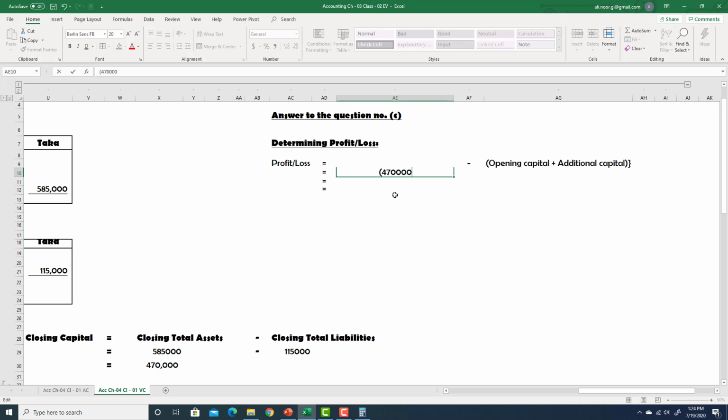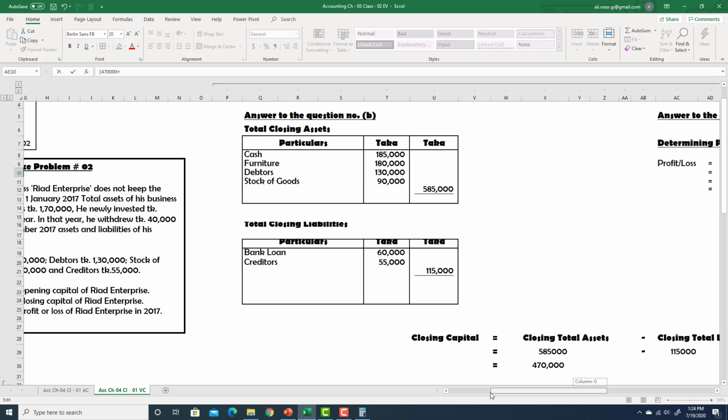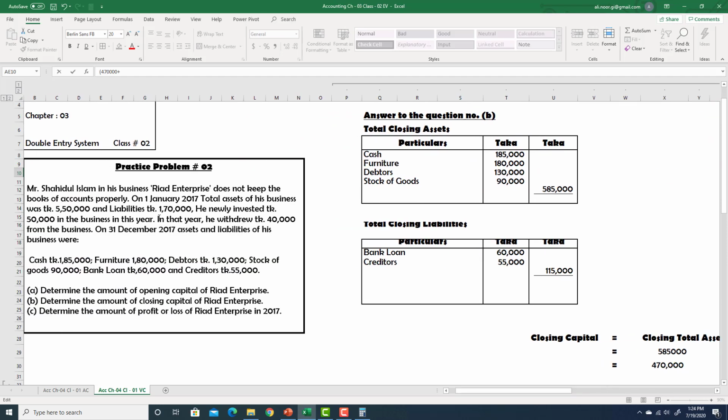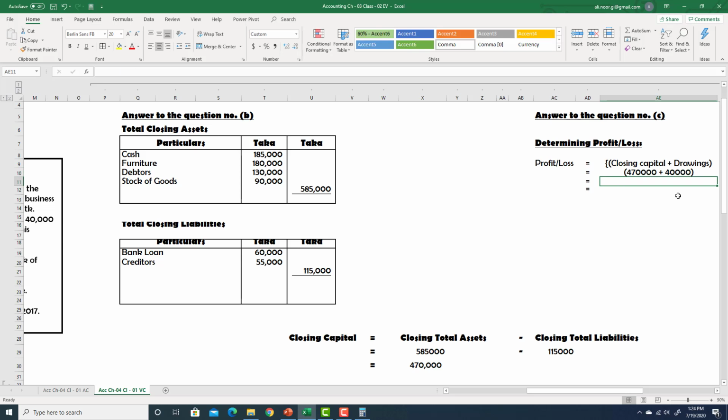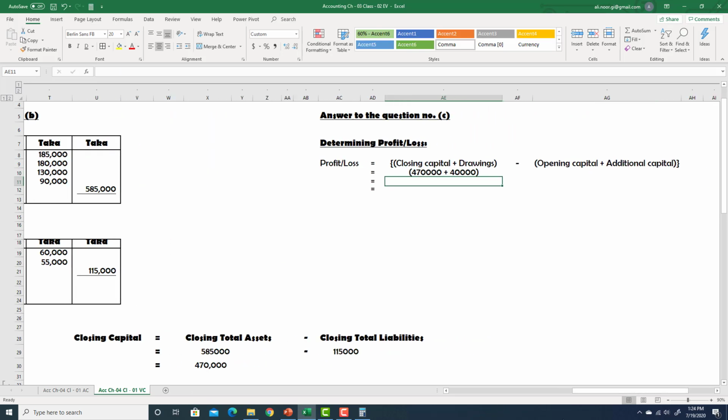In that year we withdrew taka 40,000 from the business. So drawings is taka 40,000, and close the bracket.